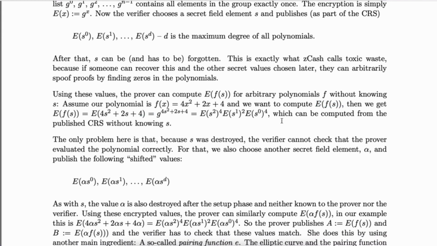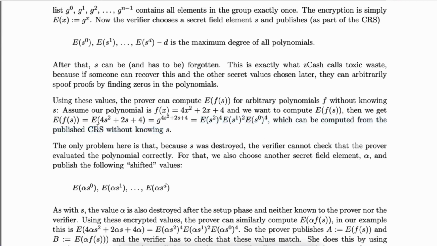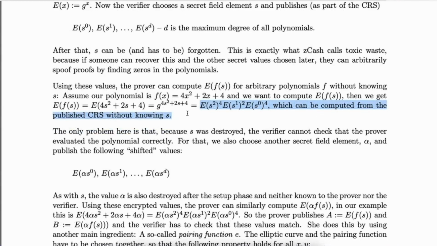Okay, the problem is the prover is computing E f of S for arbitrary polynomials f without knowing S. So if, for example, we have 4x squared plus 2x plus 4, and then they're just doing it on S, which is sort of cast in this way based on the group generator, which can be computed from the public common reference string without knowing S. So I don't know why that is the case, but I think for that we have to really understand what the common reference string is. I know it exists. I don't know what's in it.